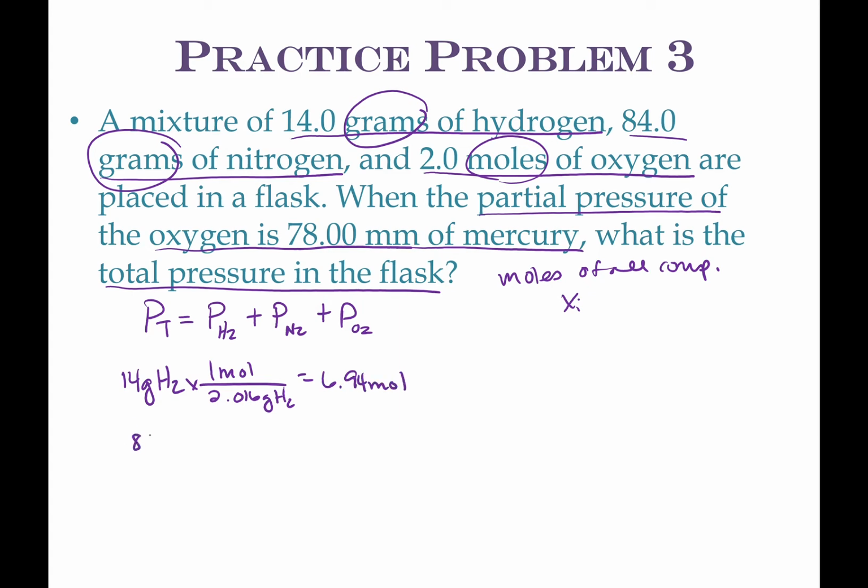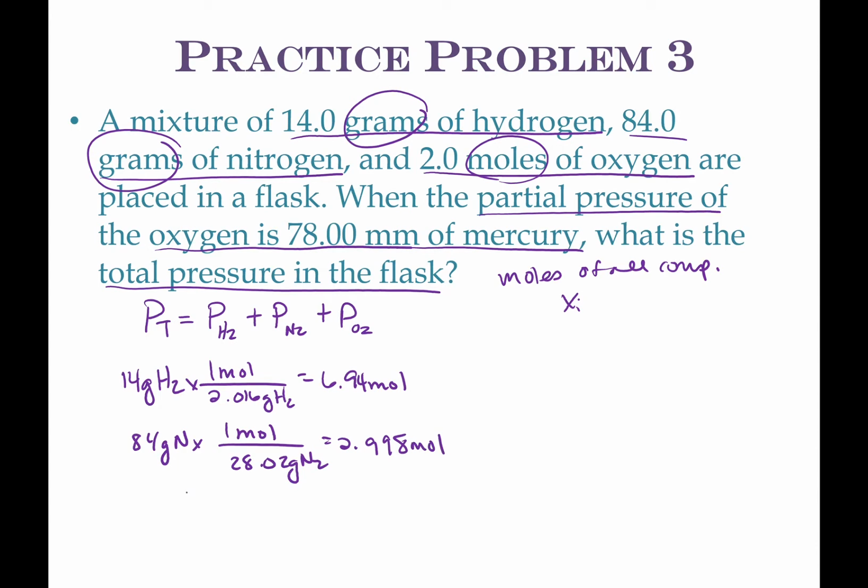Nitrogen, 84 grams of nitrogen. There's 28.02 grams of nitrogen for 1 mole. So 84 divided by 28.02 is 2.998. We're going to keep that extra one so I don't have to round right now.